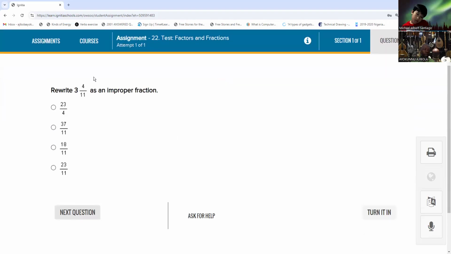Rewrite 3 and 4 over 11 as an improper fraction. Think and pick your option. Just multiply 11 by 3 and add 4. Tell me what you have. 11 times 3 plus 4.